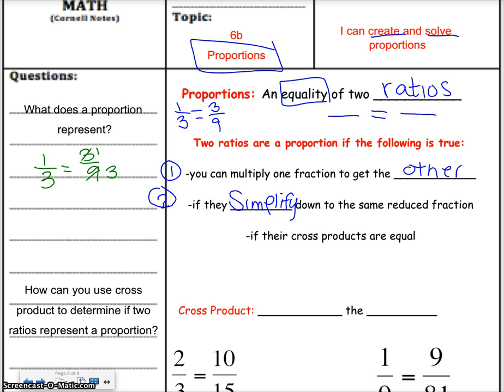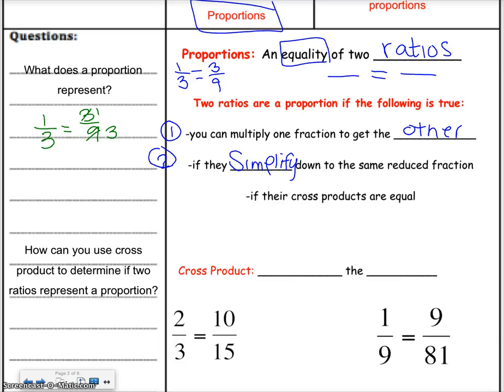Okay, or ratios. I don't usually use those, even when it's super easy to tell, because I know setting up a proportion is incredibly important, and you're usually not going to have ones you can do in your head that easy. This is what I always do. I see if their cross products are equal to each other. I'll show you what that means.